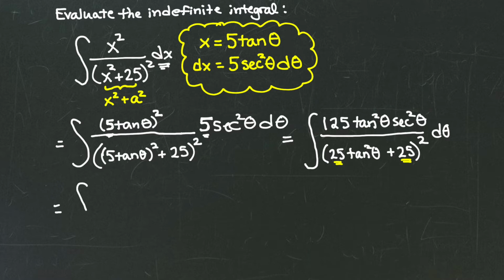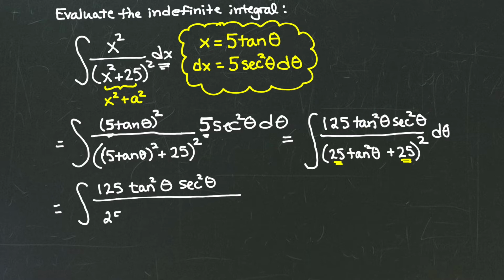We're going to take out that common factor of 25 on the bottom. And so rewriting on the top, 125 tan squared theta, secant squared theta, bringing it all along. And in the denominator, I'm factoring out this 25, and it's leaving me with tan squared theta plus 1, but all of this is being squared.